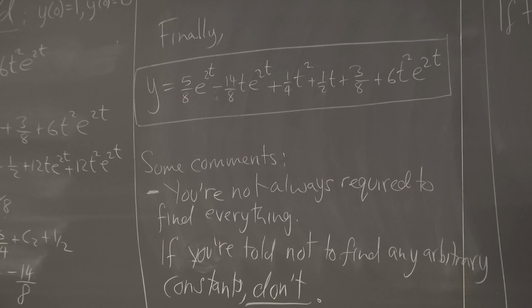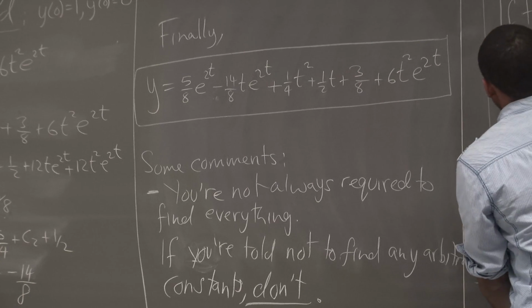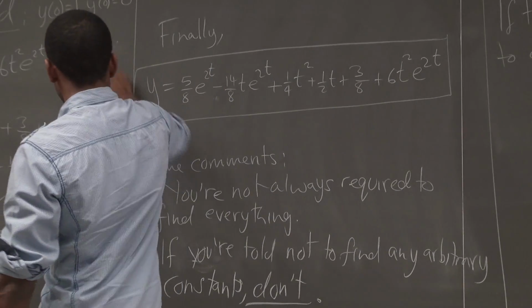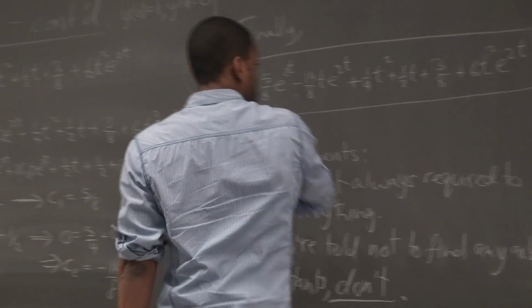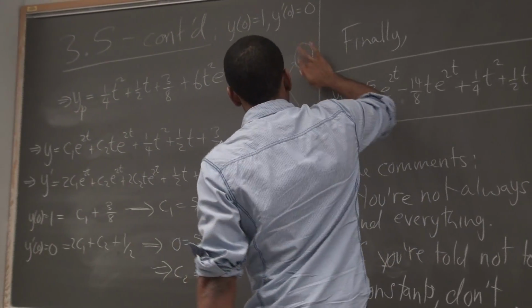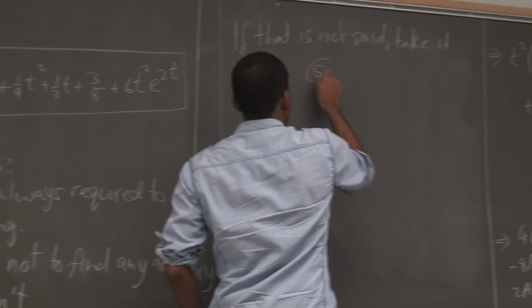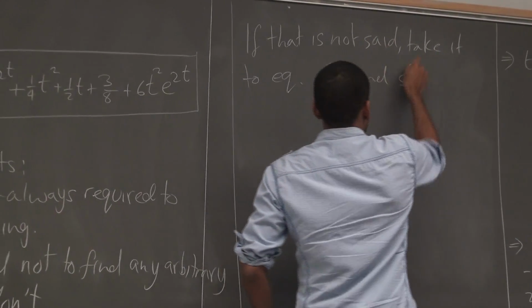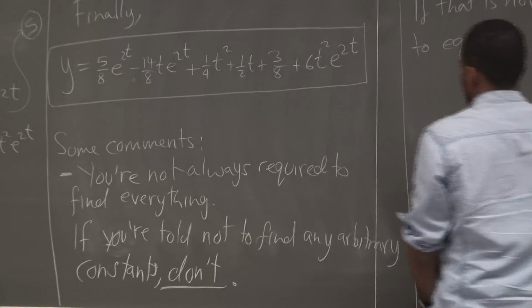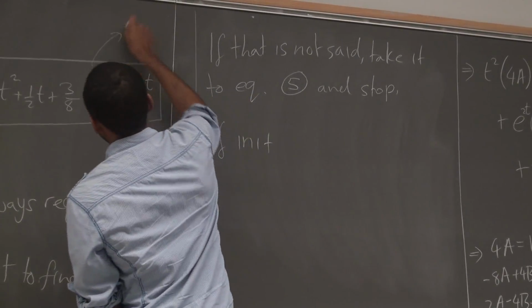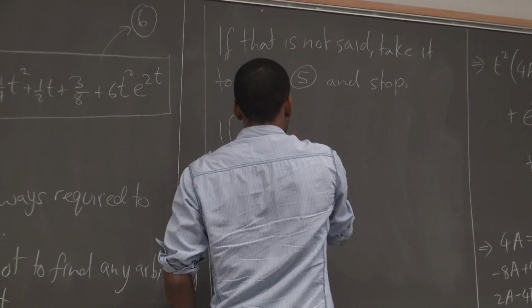Let's number this one. Call that equation 5. Take it to equation 5 and stop. If initial conditions are given, then you go as far as equation 6.